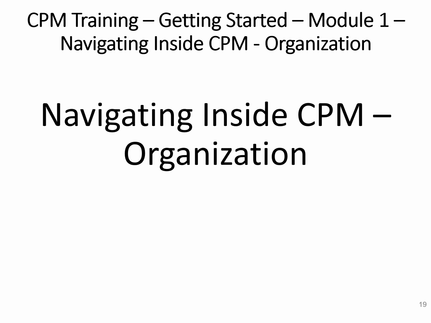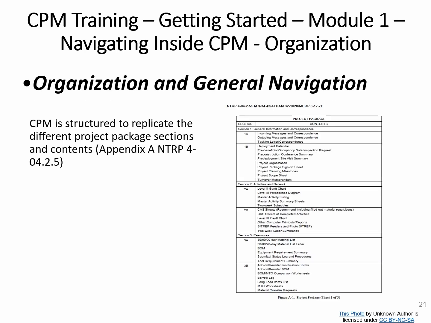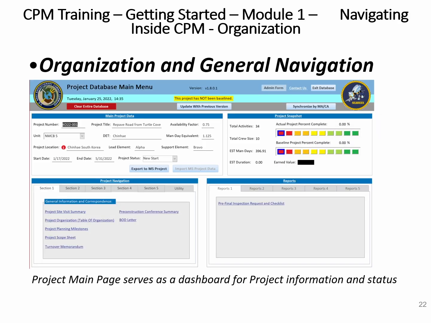Navigating inside the CPM organization, and we are just going to do a quick overview. We'll get further into this in another presentation. So just like in the NTRP, there's a 5-folder example. CPM is also in that format.